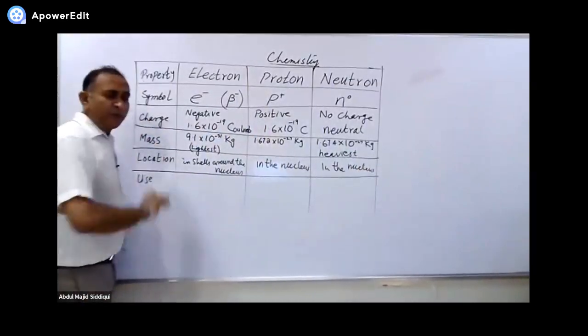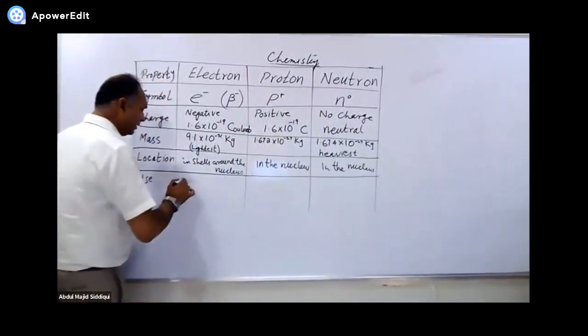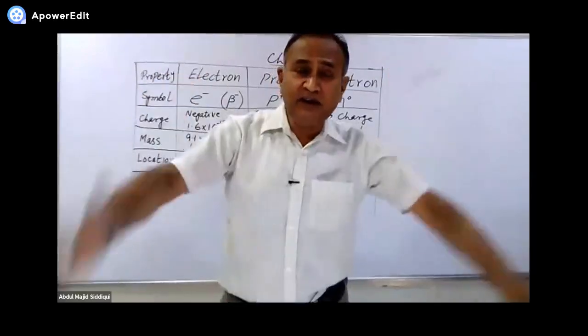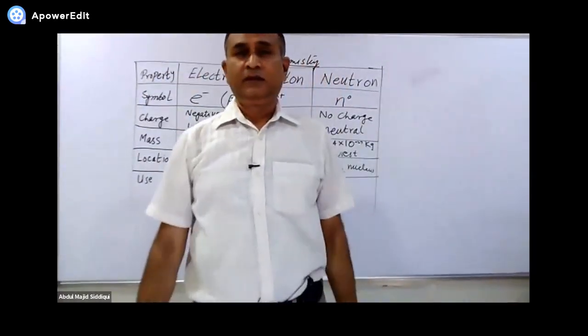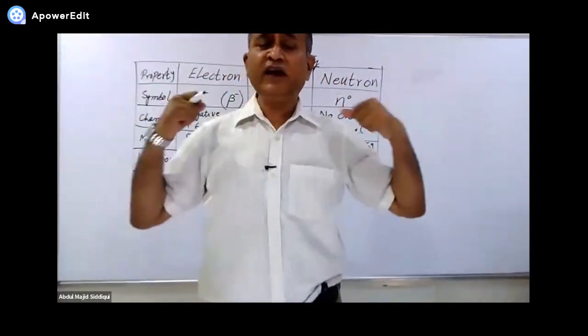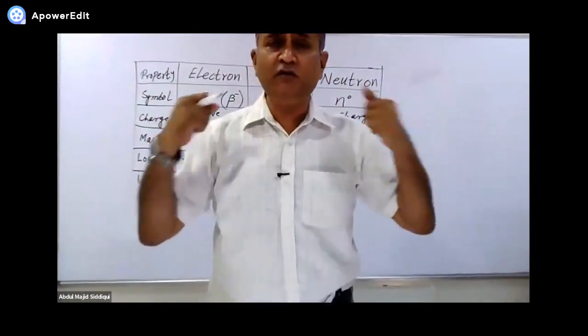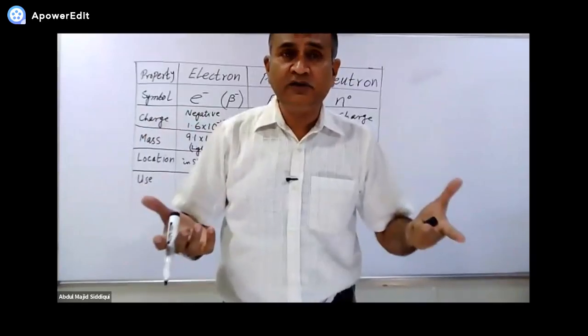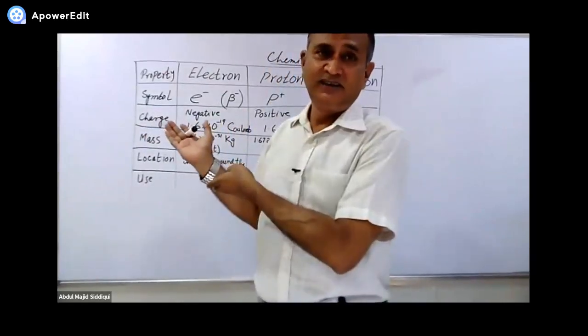What is the purpose of electron? Electrons are responsible for all the chemical reactions. All kinds of chemical reactions are just because of what? Just because of electrons.